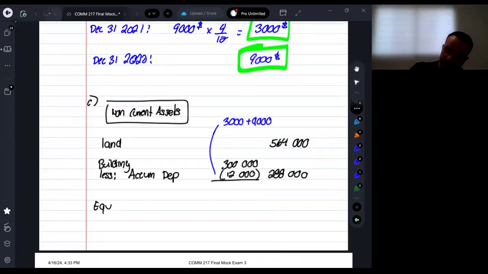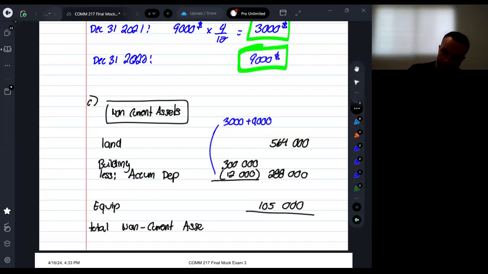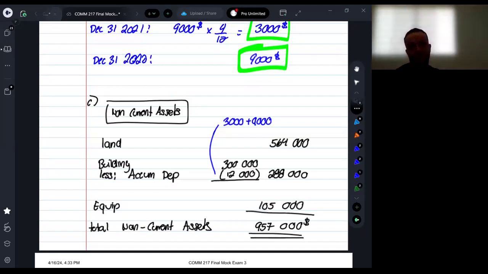And we would just have equipment. Leave this at 105. So my total non-current assets is 957.